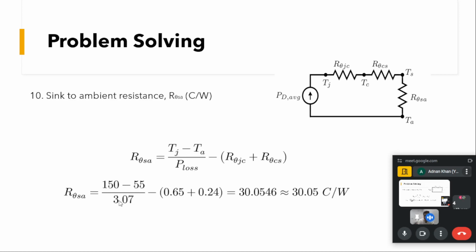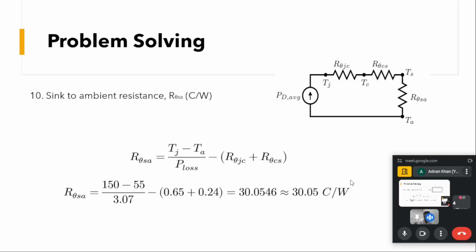We know the power loss, that is 3.07 watt, and R theta jc is 0.65 and this is 0.34. If we solve this, R theta sa will come out to be 30.0546, and that we can round off to 30.05 degree centigrade per watt.